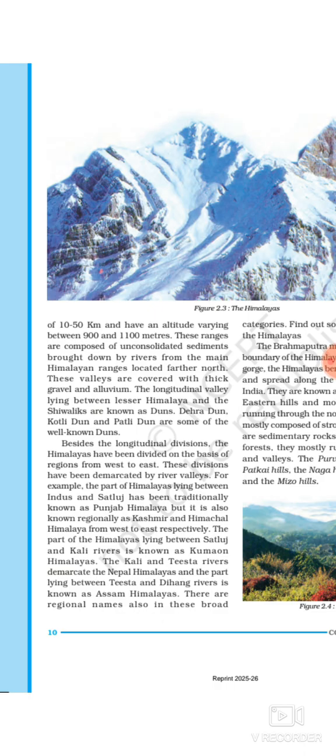The part of the Himalaya lying between the Indus and the Satluj has been traditionally known as the Punjab Himalaya, but the regional name is different from region to region.